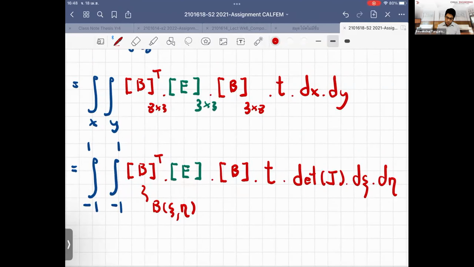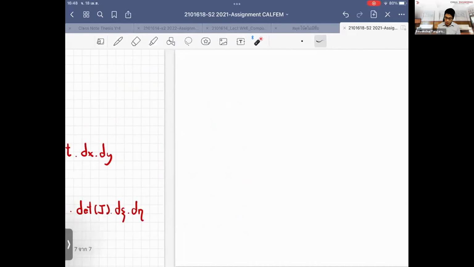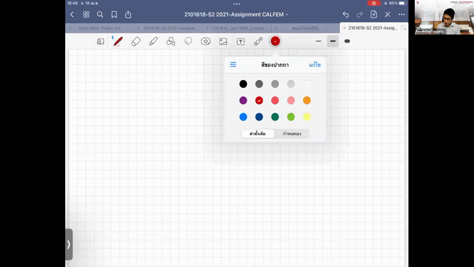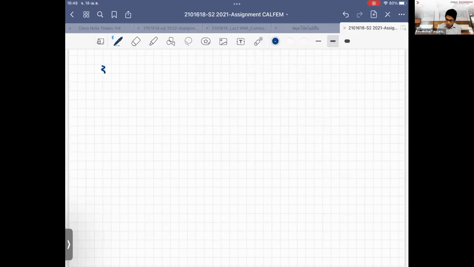And how are we going to describe this term? We have to use a description from the third step. So let me go deeper. When I define the strain, this is the standard strain function.